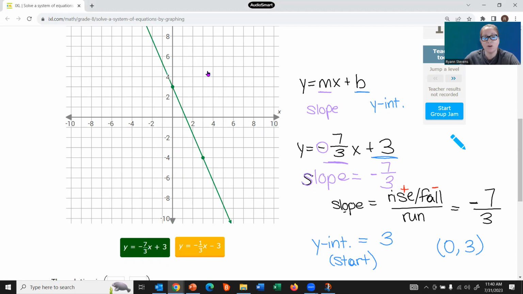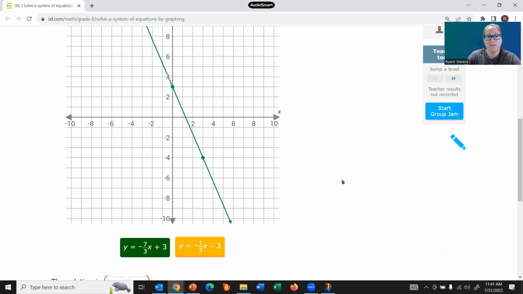And now we're going to move on to the second equation, y equals -1/3 x minus 3. Our slope is going to be this number that's in front of x. We have to keep that sign as well, so it'll be -1/3.